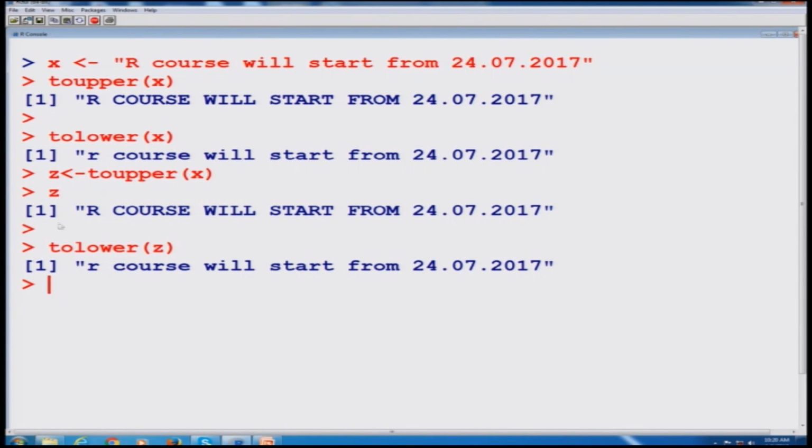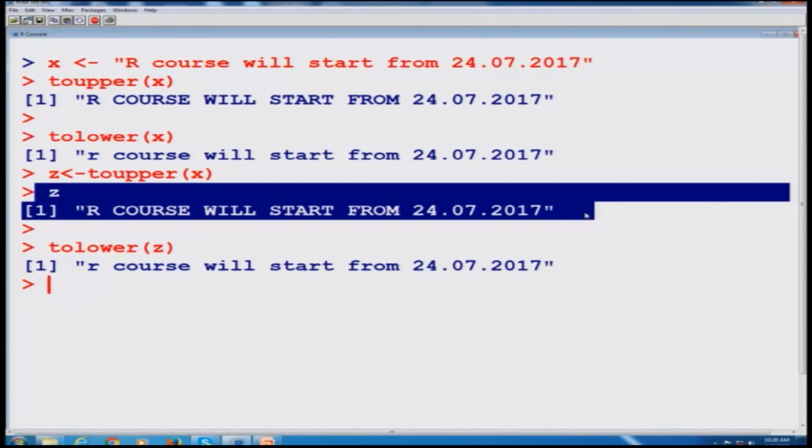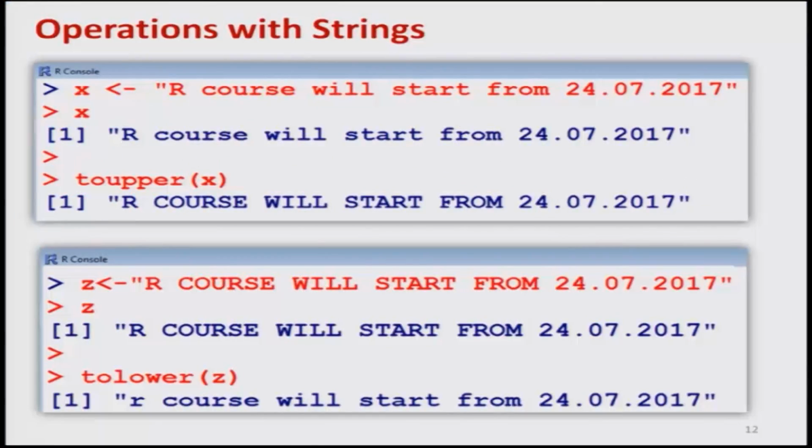So I used the command toLower, and please convert all the letters contained in this Z into small case. You can see that it is converted into lowercase. So these are very simple operations, but they are very, very useful, and these are the screenshots of whatever we have done.